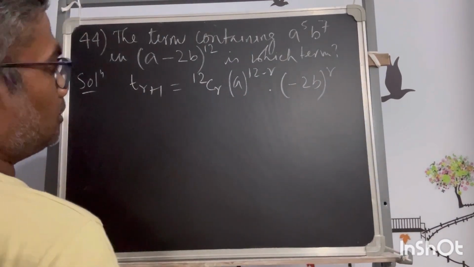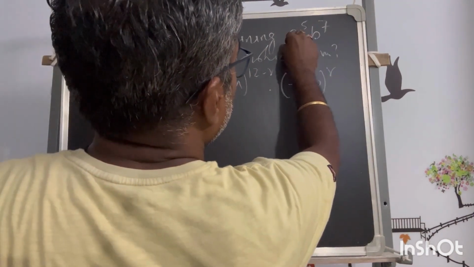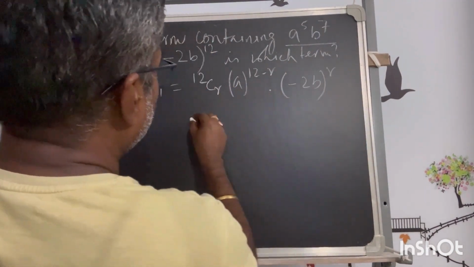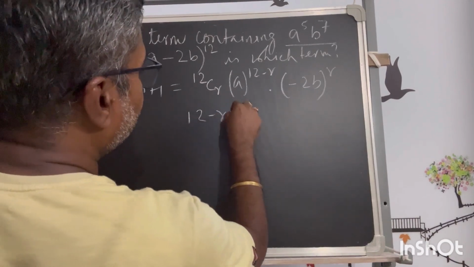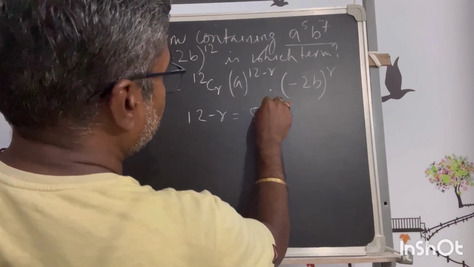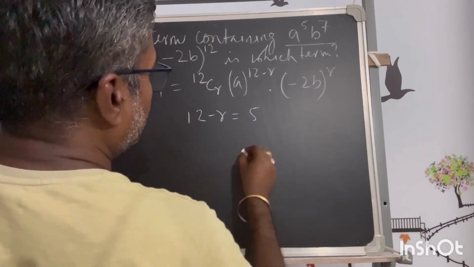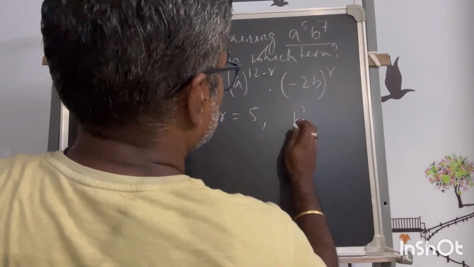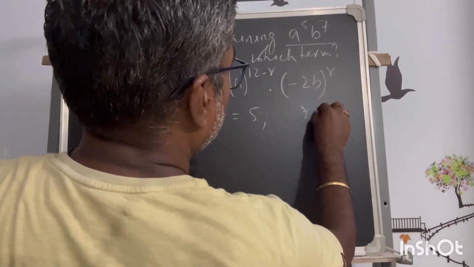This will be true if 12 minus r satisfies 5, and also r is equal to 7.